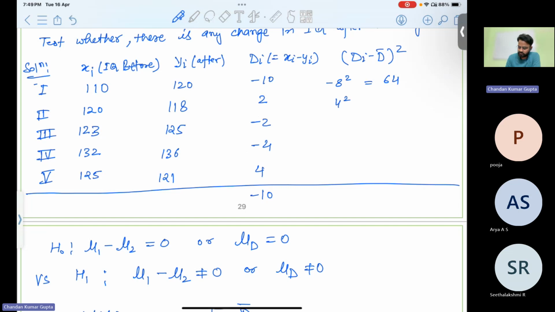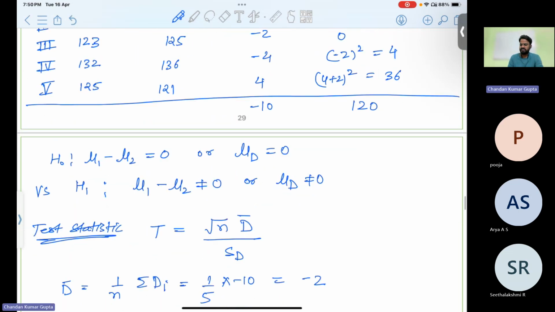Minus 2 plus 2 is 0. Minus 4 plus 2 is minus 2, whose square is 4. 4 plus 2 is 6, whose square is 36. Adding up, it comes out to be 120 after summation.